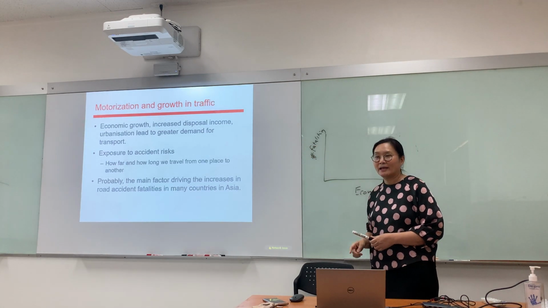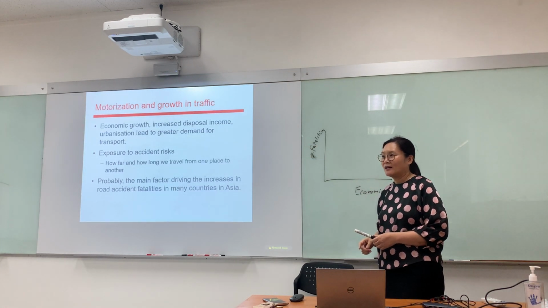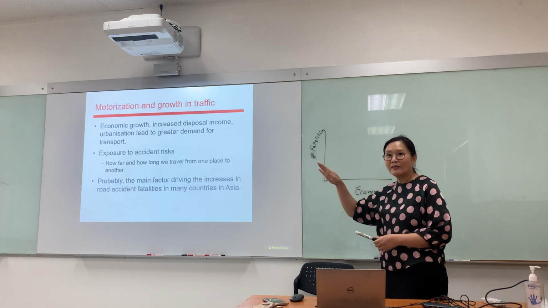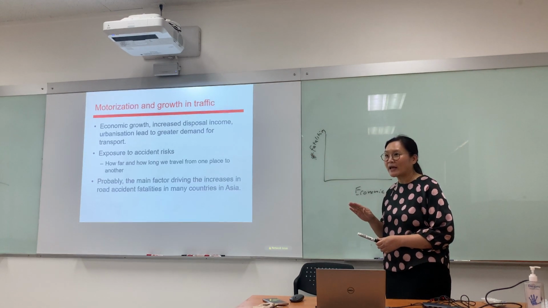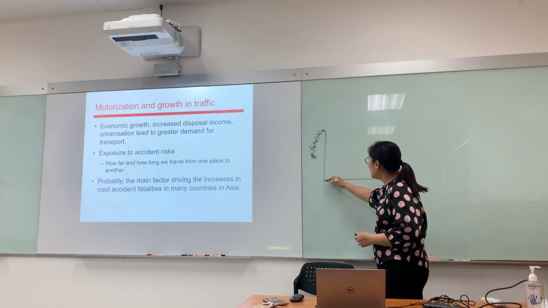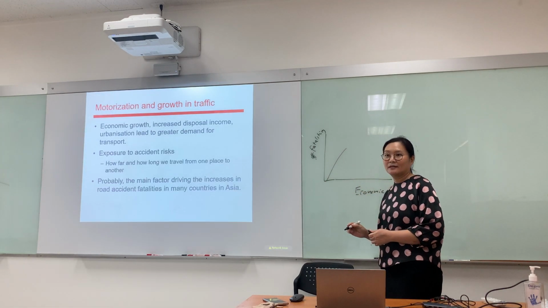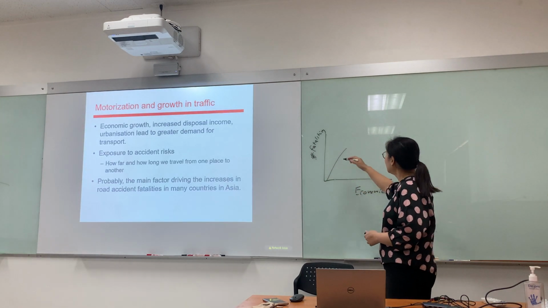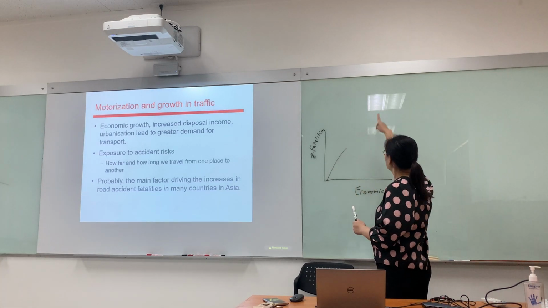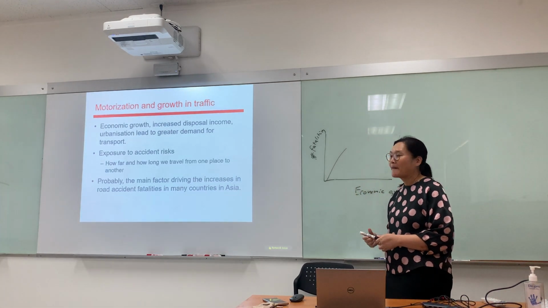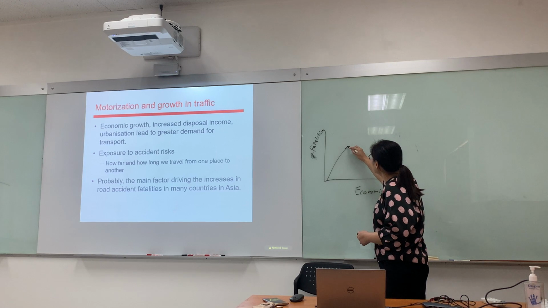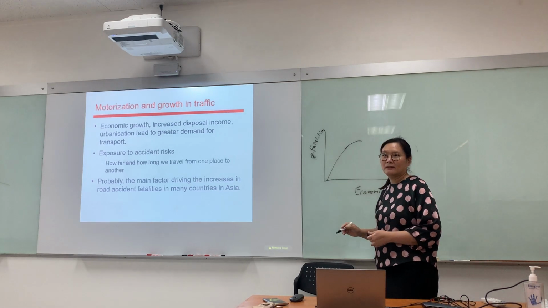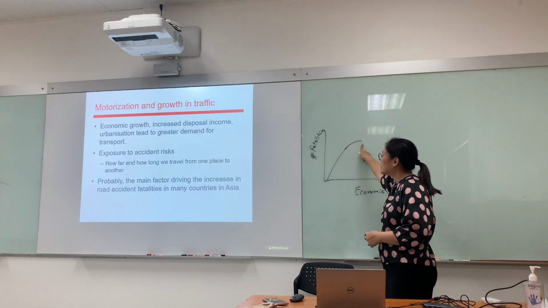Economic growth, people have more money, more money, more traveling. Fatality from traffic accidents is going to increase. Increase until what? It's going to increase up until one point. One point of what?